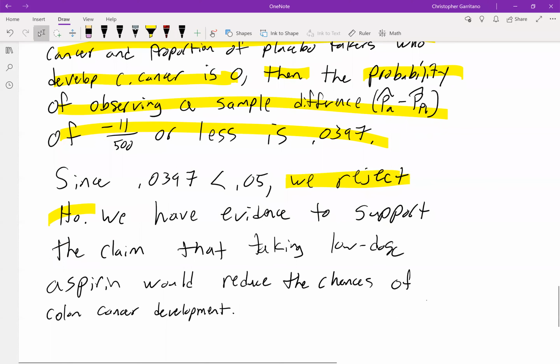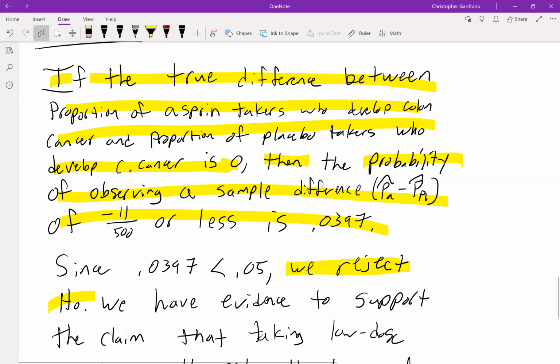And moving on, let's finish off with some nice context in terms of the alternative hypothesis. So we say we have evidence to support the claim that taking low-dose aspirin would reduce the chances of colon cancer development. That last sentence is basically rewording their question.